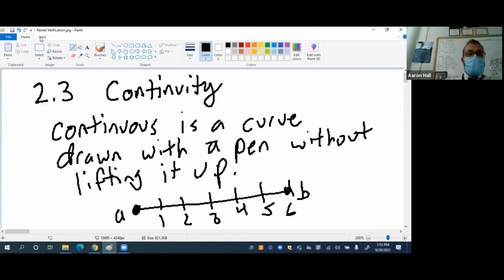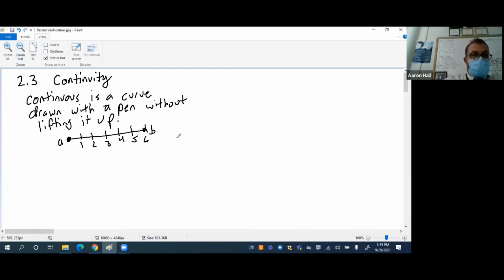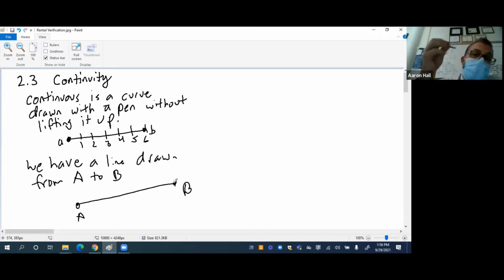Now, if we wanted to make this definition more rigorous, we would have to add something. We have a line drawn from A to B. Here's A and here's B, with some value C in the middle, with point C somewhere in there.